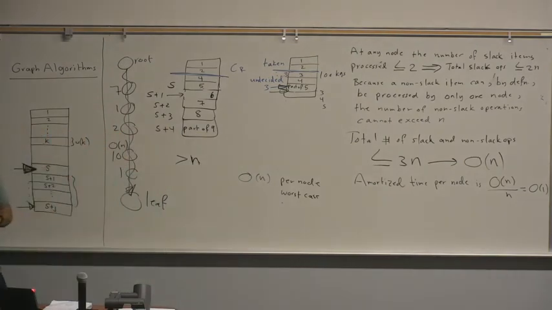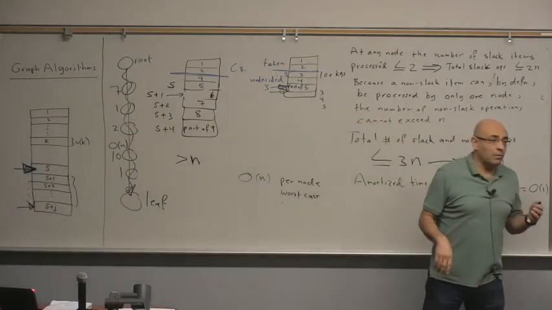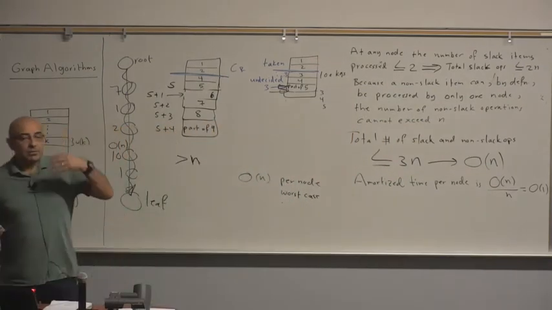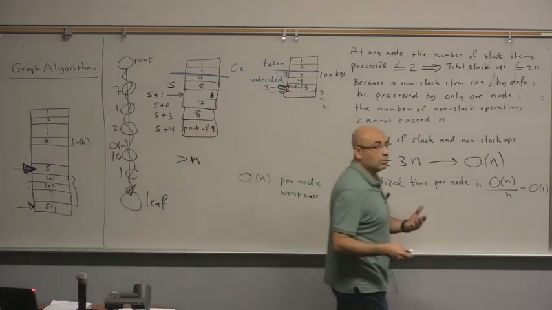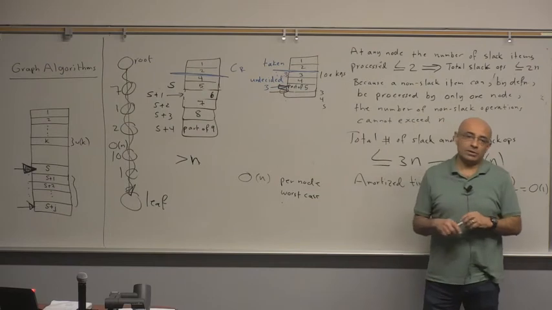Okay? So this is the argument that shows the O of 1 time. So the intuition behind it is that processing more items at one node will lead to processing fewer items at the nodes below it.